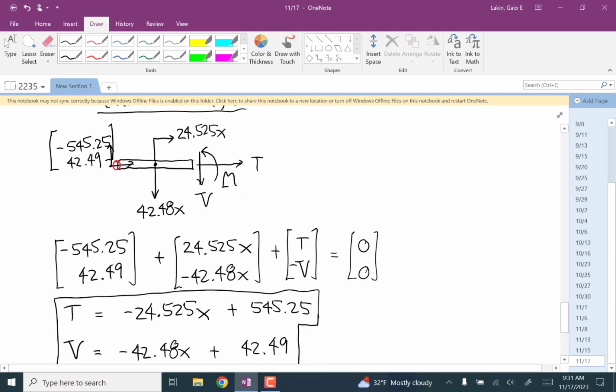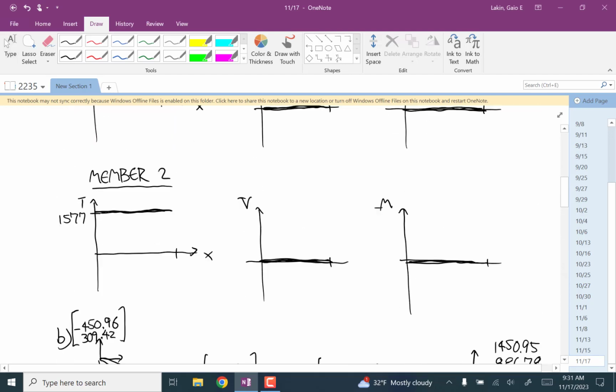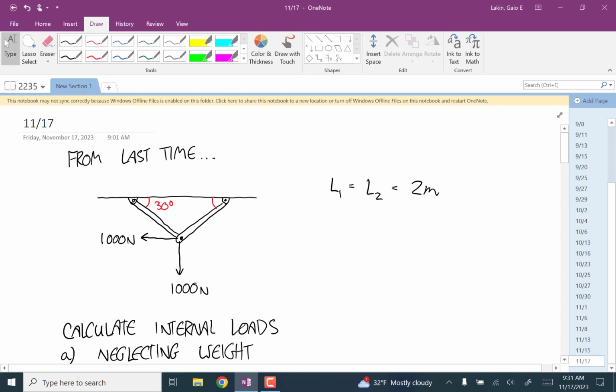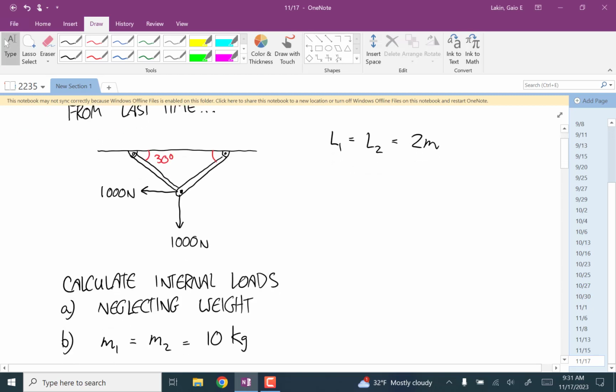So you can see, I chose masses that were maybe kind of on the edge of what you would want to treat as just neglecting the weight. The weight forces were about a tenth of the size of those applied external loads.